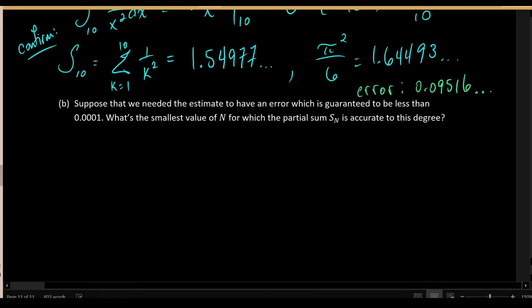But more useful perhaps is the application in the following scenario. Someone says, okay, for whatever application, for whatever purpose we're doing, we need to guarantee that our estimate is within 0.0001 units of the right answer.